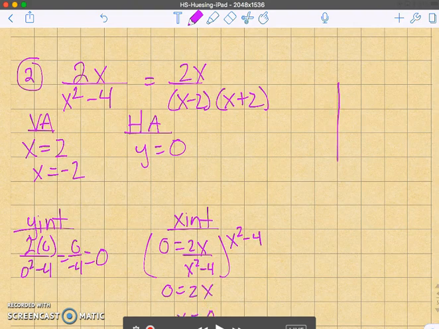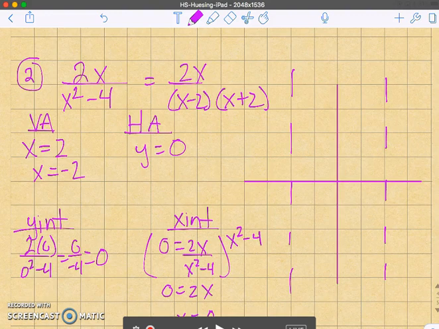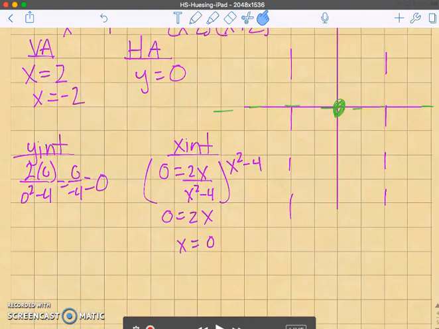So this one, we got a lot going on here. We got a couple verticals. So x equals 2, x equals negative 2. And then there's one right at 0. And we know it crosses at 0, 0. So what does this look like? Well, this might be something where we might use a table. So what about when x is 1?